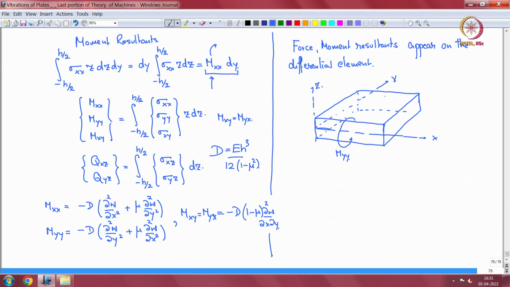On the other face we'll have the incremented moment, because that's a positive direction, so we'll have MYY plus del MYY by del Y dy.